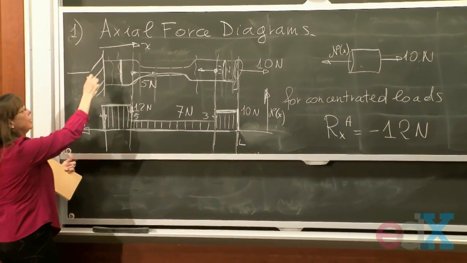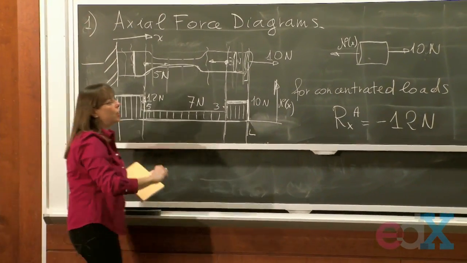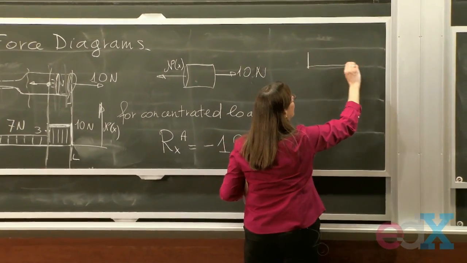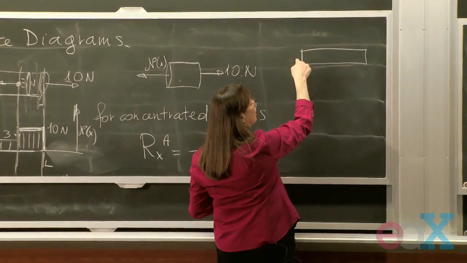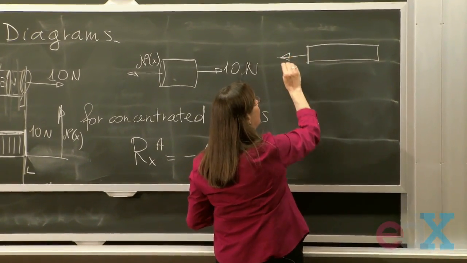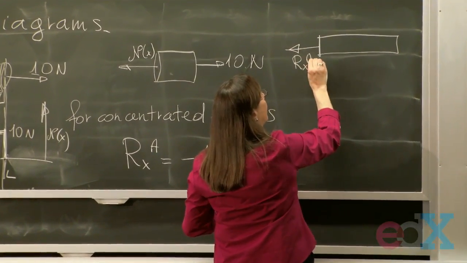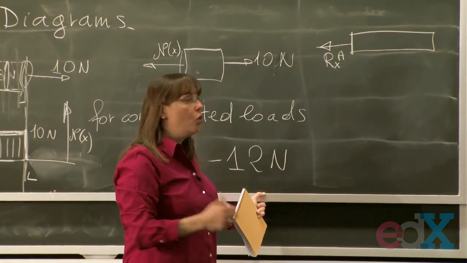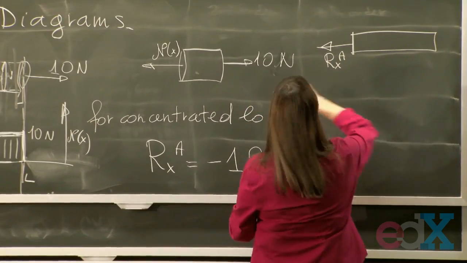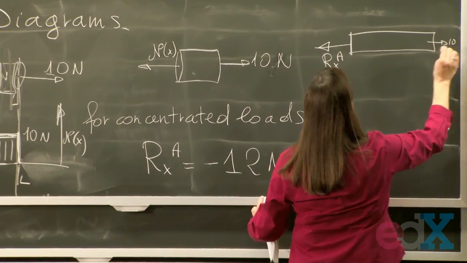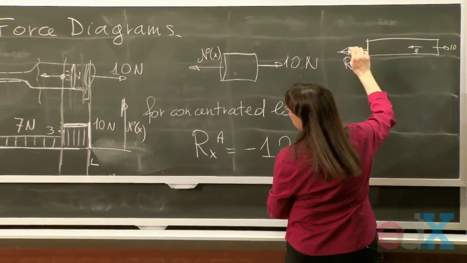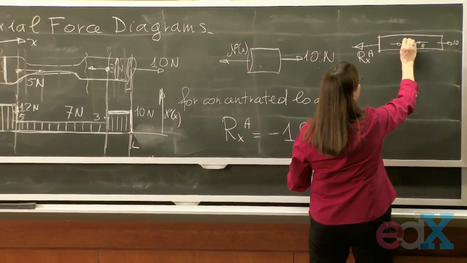And now, the reaction force at A, when I do the free body diagram and I do the bar like that, and I draw the reaction force at A, I'm going to write it like that, Rxa, because my x points that way. When I do the equilibrium for Rxa, I have 10, I have 3, I have 5, and guess what?